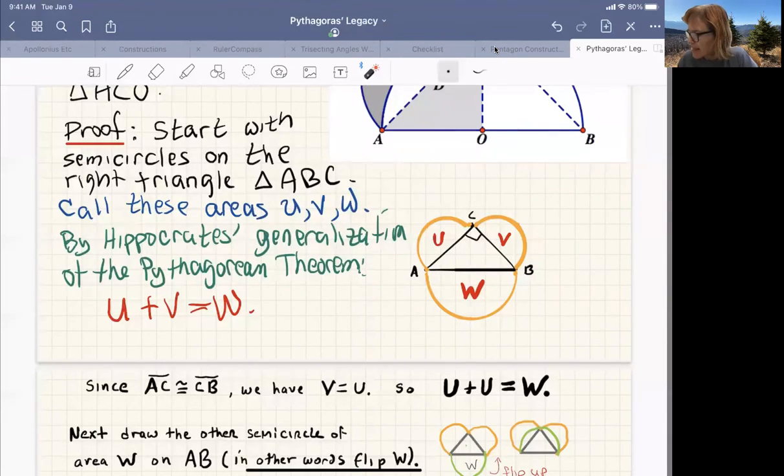And so that means that this semicircle is congruent to this semicircle, and therefore they must have the same area because they're exactly the same shape. So now I'm going to take this equation right here, U plus V equals W, and since V is equal to U, I'm going to make a substitution. So this V is going to become a U. So now I get U plus U is equal to W.